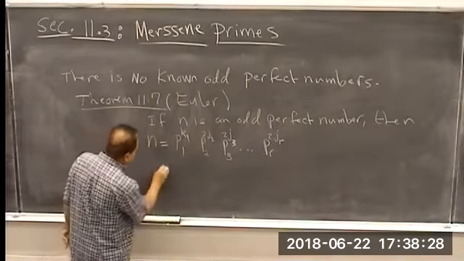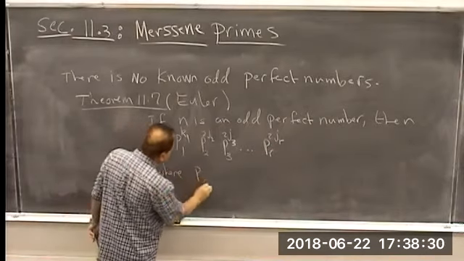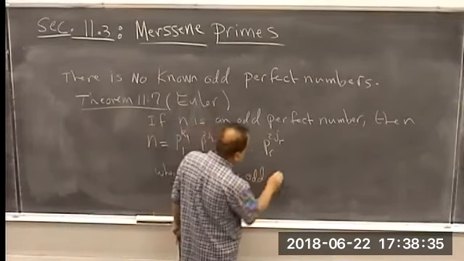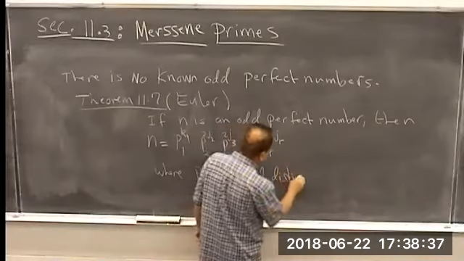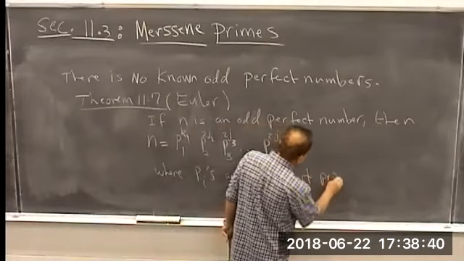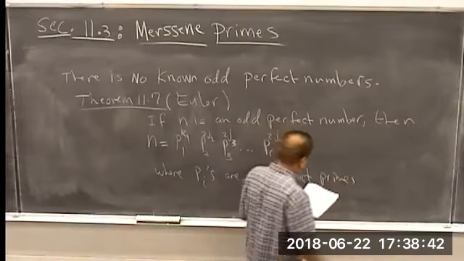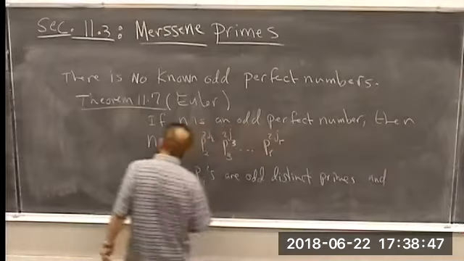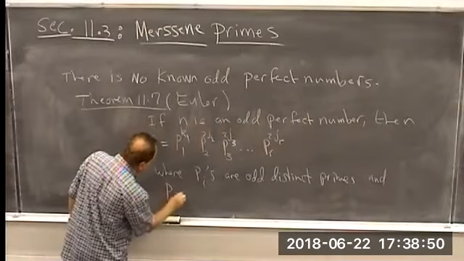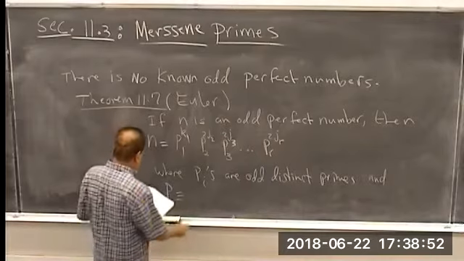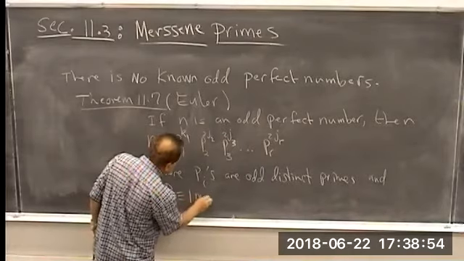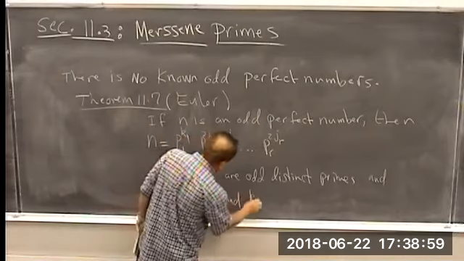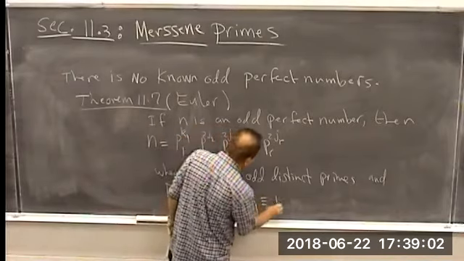Where the P sub i's are odd, distinct primes, and P1, the first one, is congruent to 1 mod 4, and the exponent of that prime is also congruent to 1 mod 4.